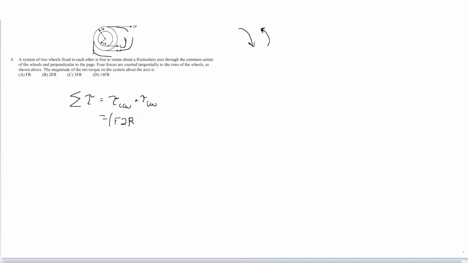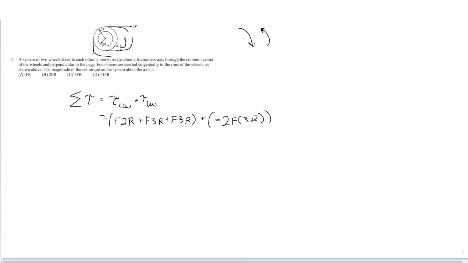Plus for our second one, we have a force of just F and a radius of 3R, so F3R. And then finally, we have another force of F with a radius of 3R, so plus F3R. And then for our clockwise, remember that clockwise is negative torque. So we're going to have negative 2F times a radius of 3R.